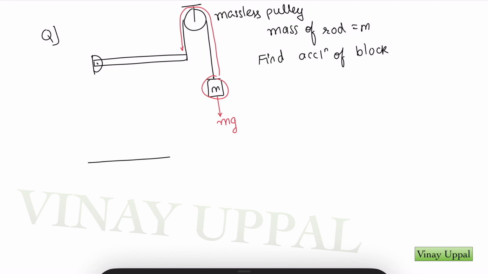Once I make the diagram of the rod and the block, because I've rotated this block in the anti-clockwise sense by 180 degrees, the gravity will also rotate. This is exactly the same concept that I taught you in the laws of motion lecture, where we used to rotate blocks and strings, and along with that we had to rotate the forces as well.